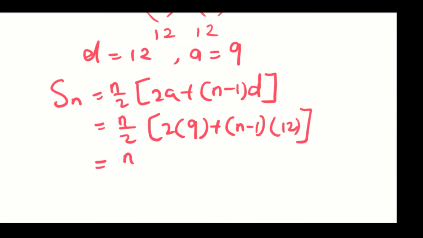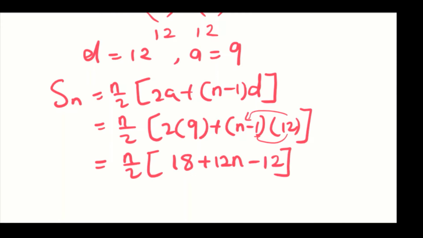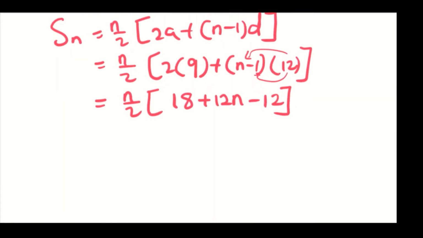So it's going to be n over 2 into 2 times 9 is equal to 18, and then 12 times this n here, so it's plus 12n, and then 12 times this minus 1 is going to be minus 12. We close the bracket.